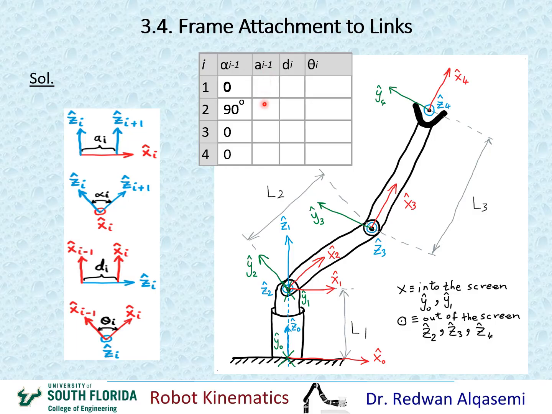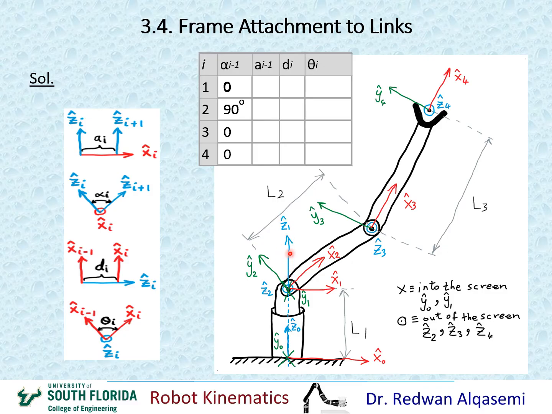Moving on to the a now, this is the offset. So if I'm looking at when i equals 1, I'm looking at a i-1, so a0. This is the chart for a. I should be looking for z0 and z1 along x0. So this is z0 and this is z1.